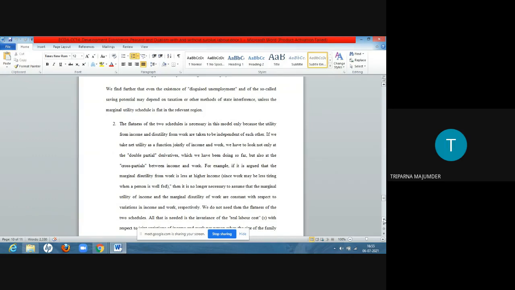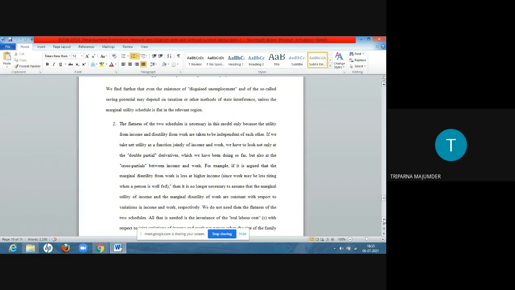If we take net utility as a function jointly of income and work, we have to look not only at the double partial derivatives which we have been doing so far, but also at the cross partial derivatives between income and work.